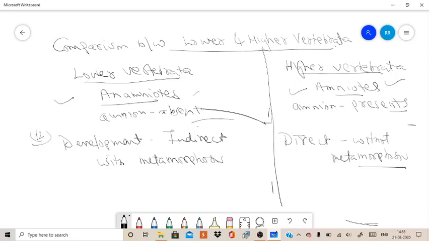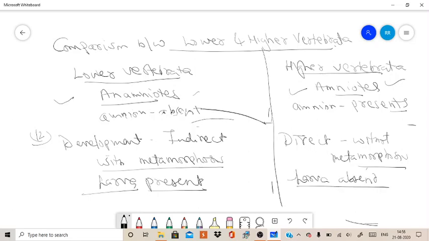So in indirect development there is metamorphosis and a larva is present, whereas in direct development the larva is absent.